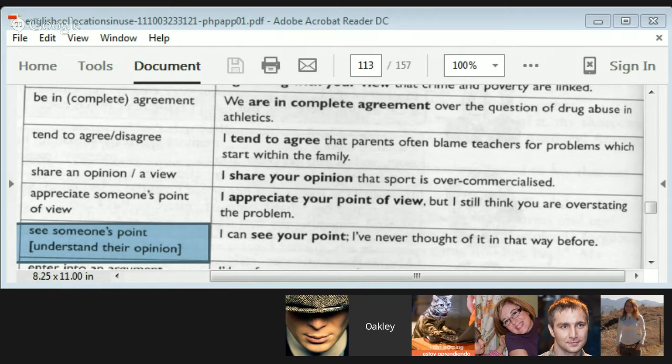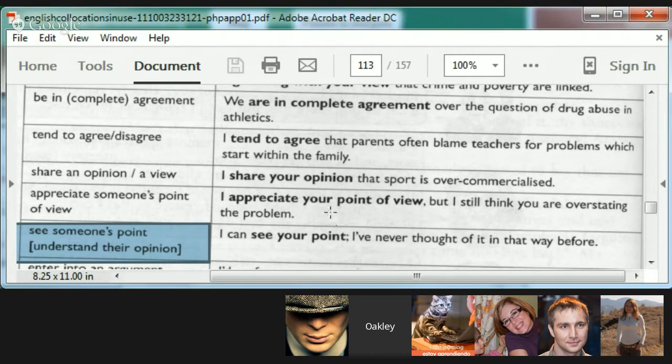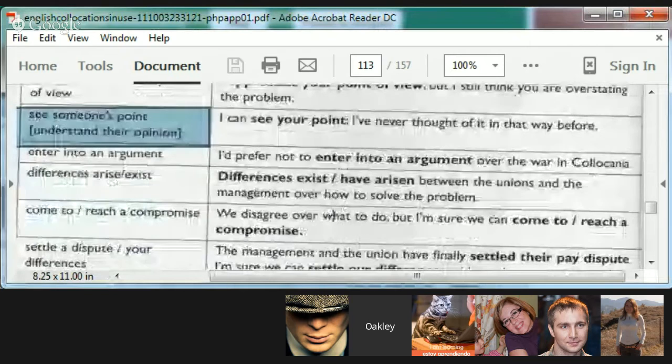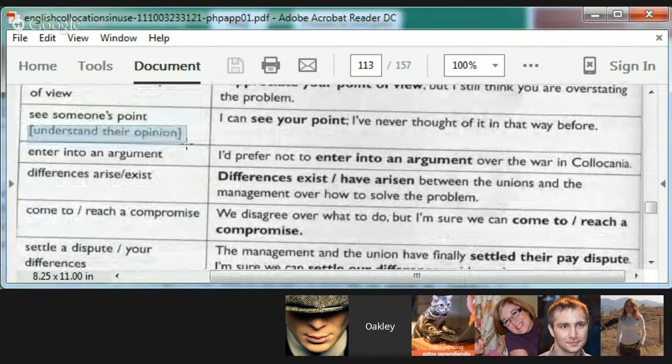Because you agree with someone's point does not mean you agree with their entire opinion. Okay, so it says understand their opinion. I disagree with that definition slightly. That's not really what it means. You make an argument or you make an opinion by giving several supporting points. You can agree with a supporting point without agreeing to the person's opinion.